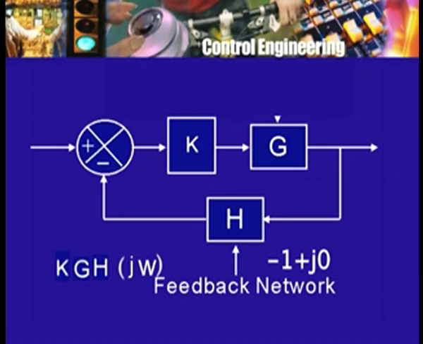And you remember that the point minus 1 plus j0 plays an important role there. Also, the idea of the Nyquist contour, the image contour, and the encirclement of the point minus 1 plus j0 by the image contour.